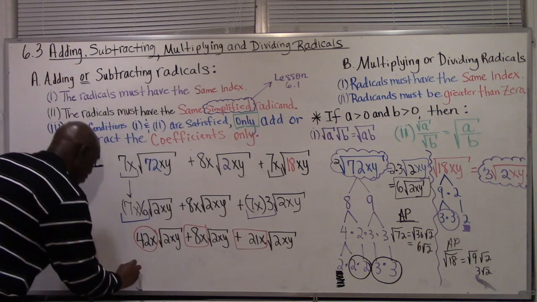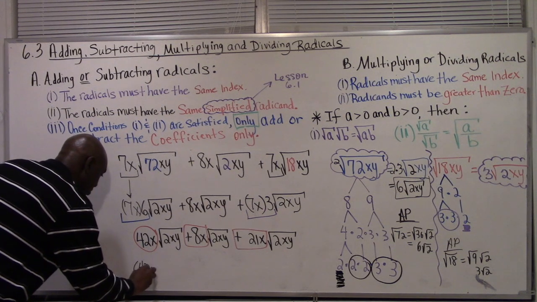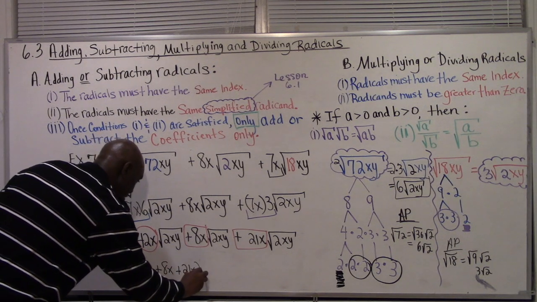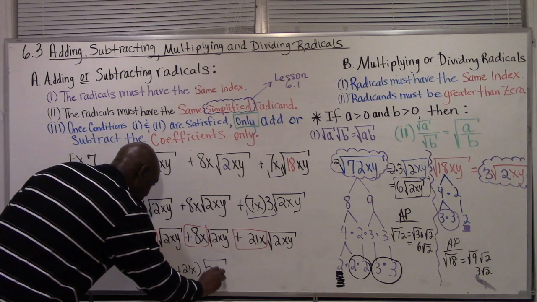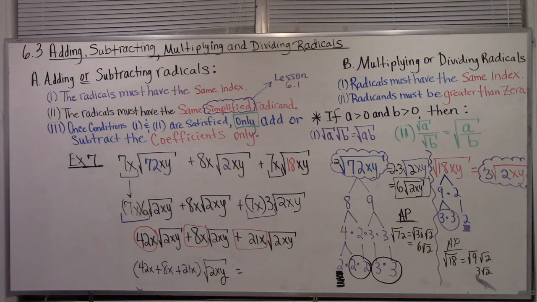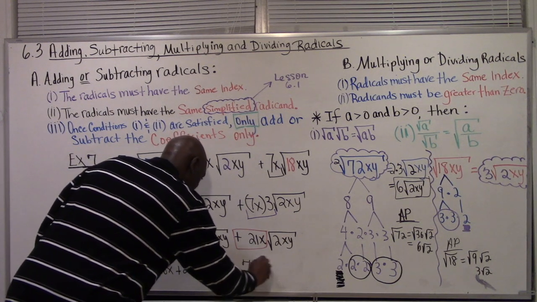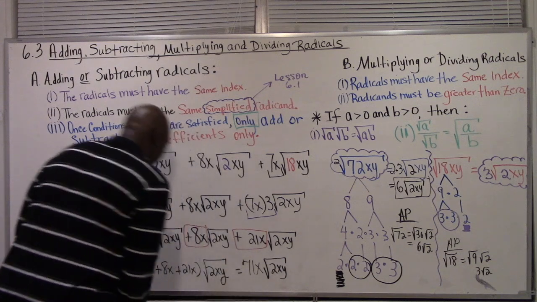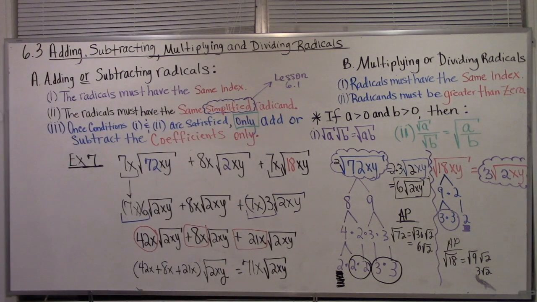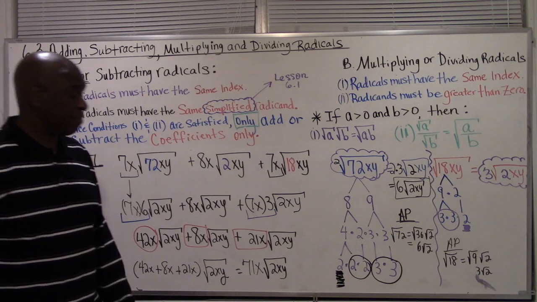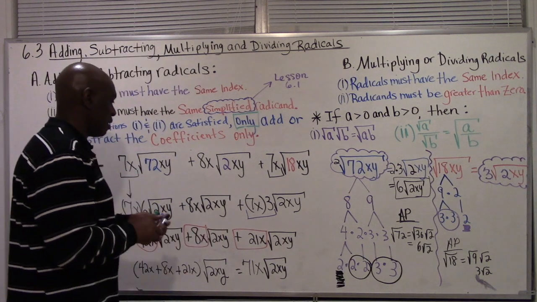So we're going to have 42x plus 8x plus 21x square root of 2xy, which equals, let's see, 71x square root of 2xy. And there you have it. That's our answer.